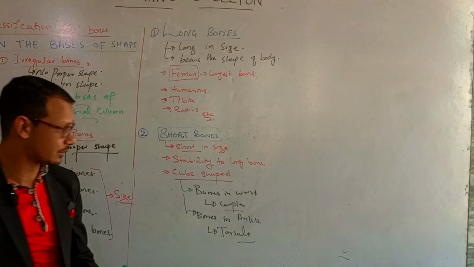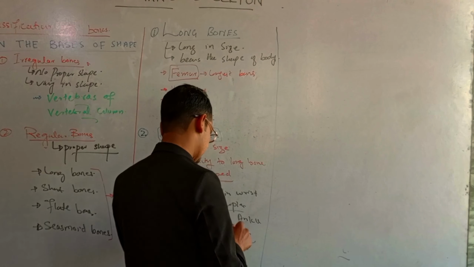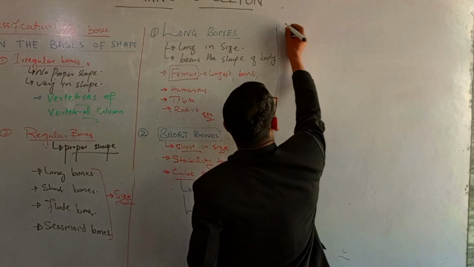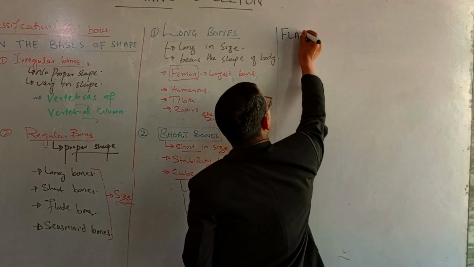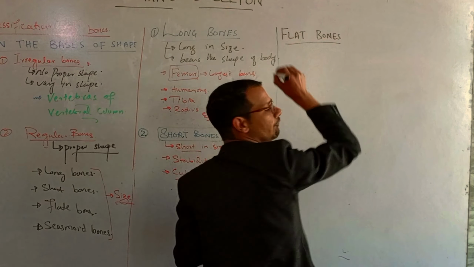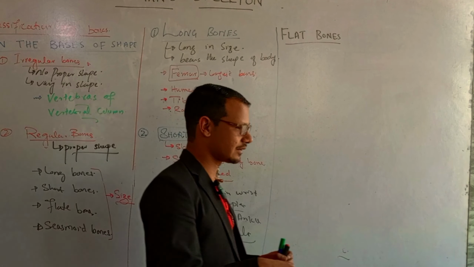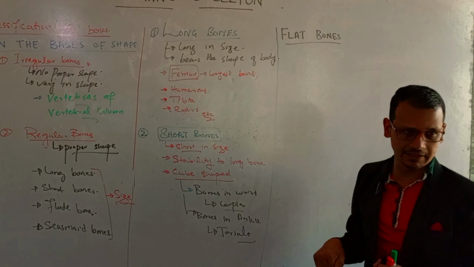Next we have flat bones. What is the main function of flat bones? They give protection to internal vital organs.